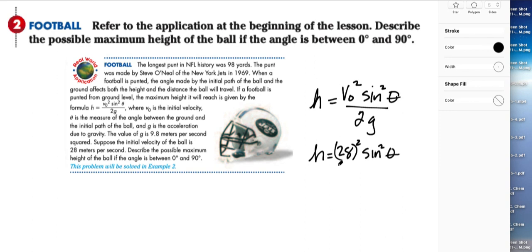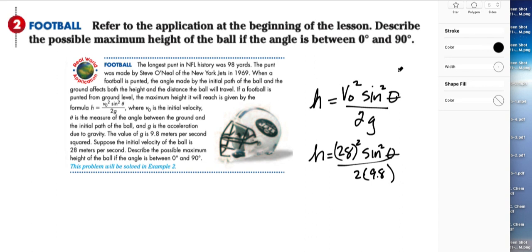Sine squared of theta, and then we've got 2 times G, which is going to be 2 times 9.8. Okay, so let's continue reading through the problem. Suppose that the initial velocity is this. Describe the possible maximum height of the ball if the initial angle of kicking, that's what this theta is referring to, is somewhere between 0 and 90 degrees.